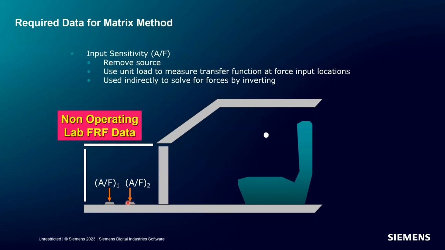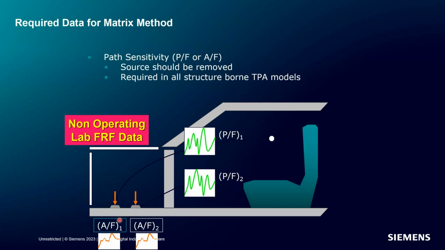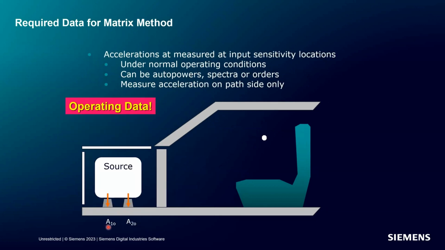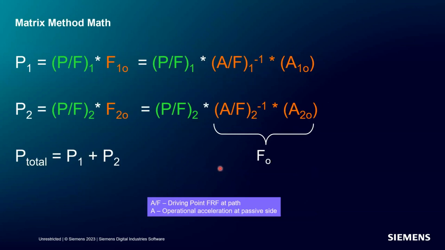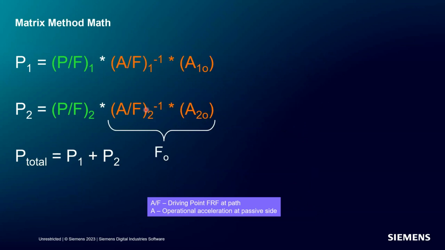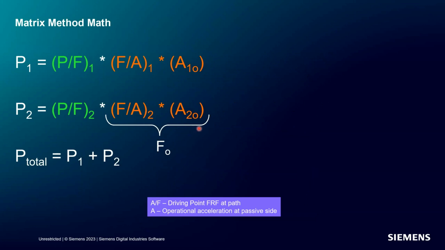We will measure local acceleration over force FRFs at the attachment locations. And then we measure our P over F FRFs to the operator ear location. We measure operational accelerations, and what we get is operational acceleration times, we take this A over F and invert it so that you get F over A. Here's the big inversion.